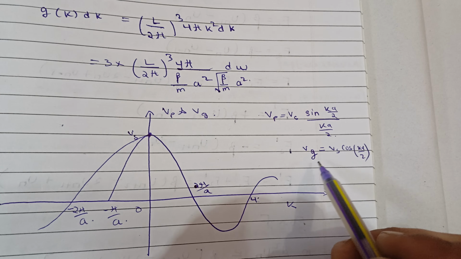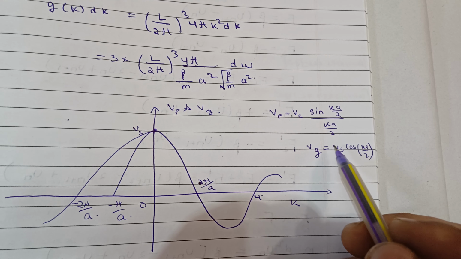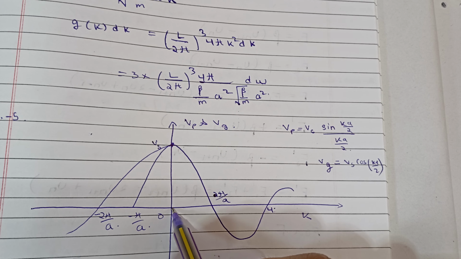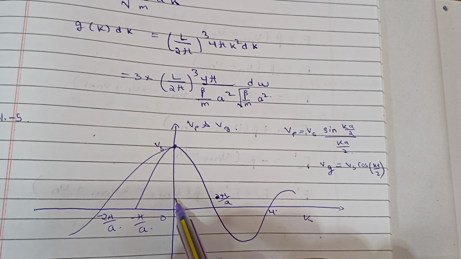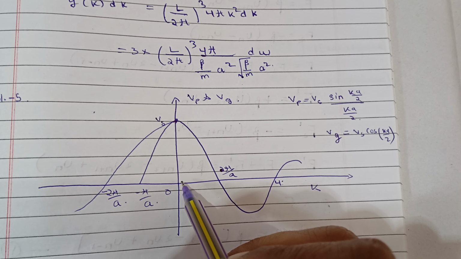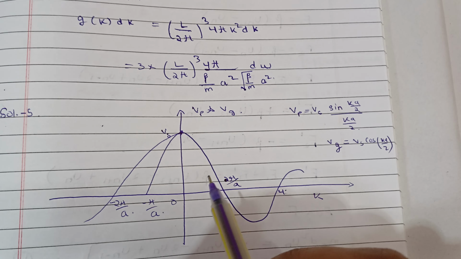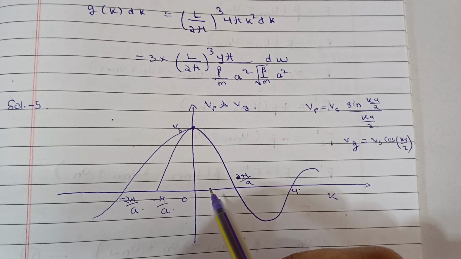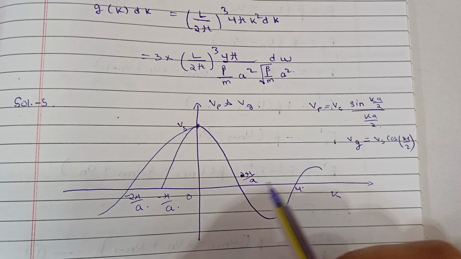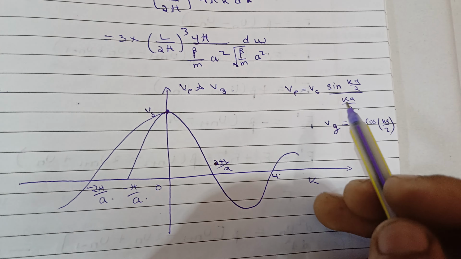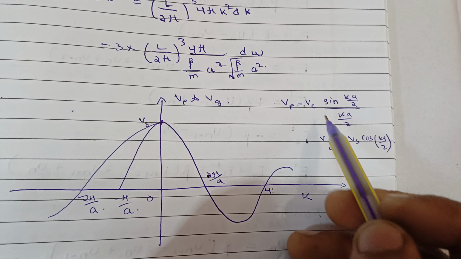And if we see from the Vg, then at k equal to 0, we also get Vs. So in this area, we get the same result for Vp and Vg. We already proved that because of the non-dispersive medium, when k tends to 0, the long wavelength region, we call that. But it differs as we move towards larger k.